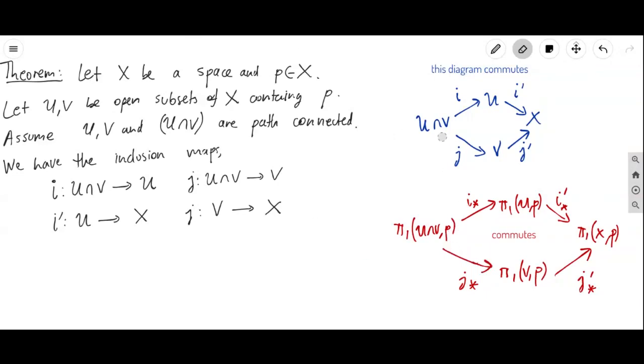I also should say it's important to check that the base point goes into the correct positions, which it does, because all three of these open sets contain the point P, and because these are inclusion maps, P is always sent to itself. So that's a commutative diagram of groups.